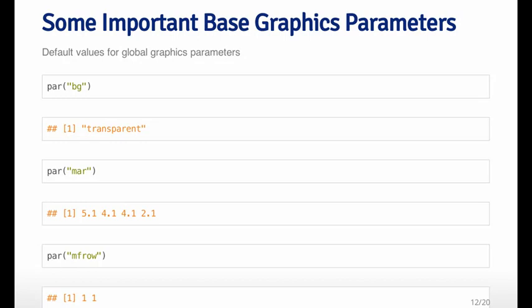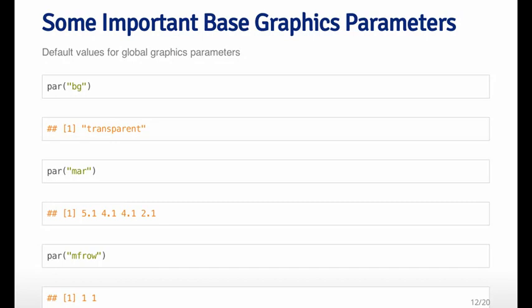And then for the margin, you can see that there are 4 numbers here. And each one of these numbers refers to one of the margins of a plot. If you think of the bottom of the plot as the first side, and then the left-hand side is the second side, and then the top is the third side, and the right-hand side is the fourth side, you can think of starting at the bottom and going in a clockwise direction. Those are the 4 sides of a plot. And you can see that the bottom margin gets a size of 5.1.